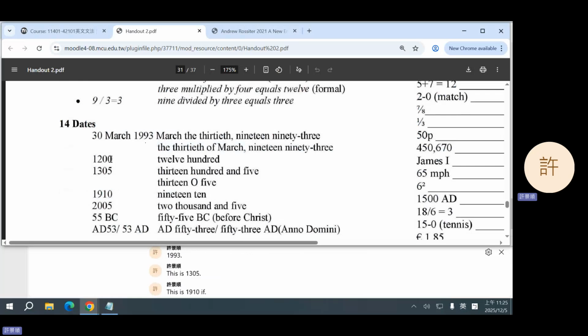If there's only half, you can just say 1200, right? 1900. If it's thousands, we say 2005. You don't have to add the "and." 2005. So 1999, 2000, 2001, 2002, 2009, 2010, 2011. That's how you read those numbers.